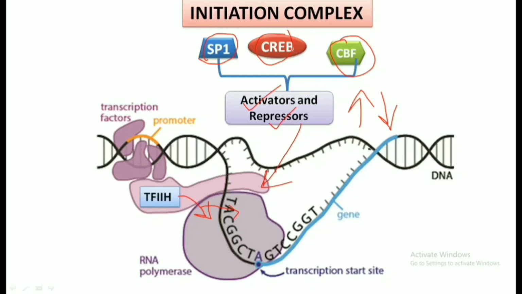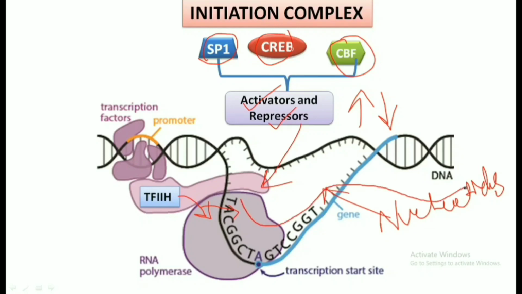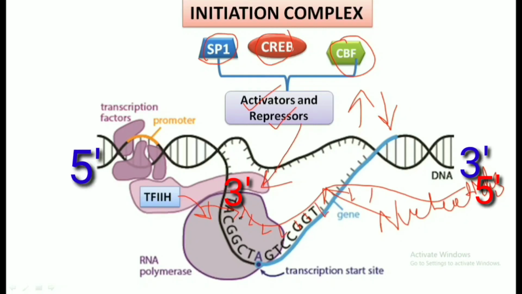Finally, after the transcription initiation complex is formed and the polymerase is added, the nucleotides are added to the transcription machinery, where first of all some of the factors disassemble, and then the RNA polymerase can initiate the transcription by moving forward in the 3' to 5' direction of the DNA strand.